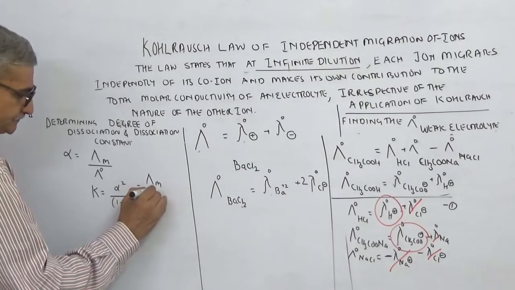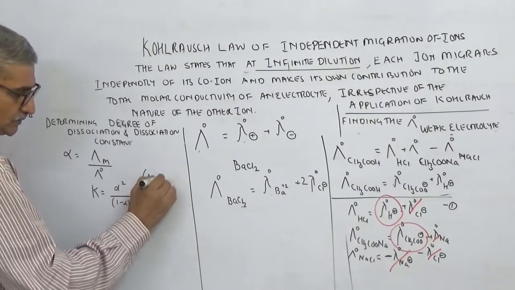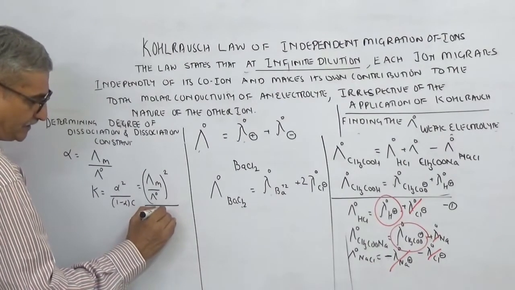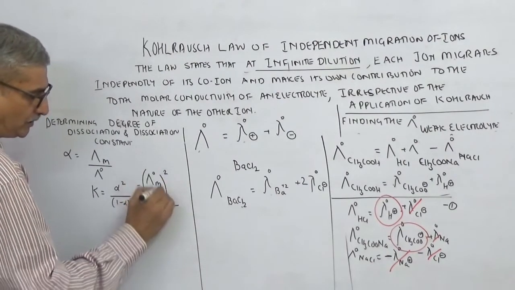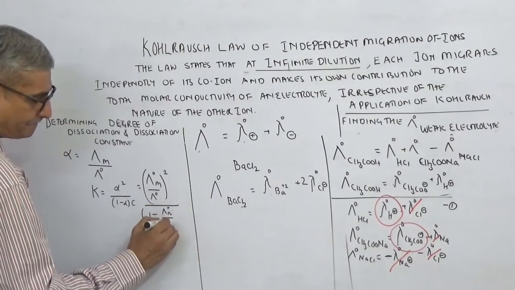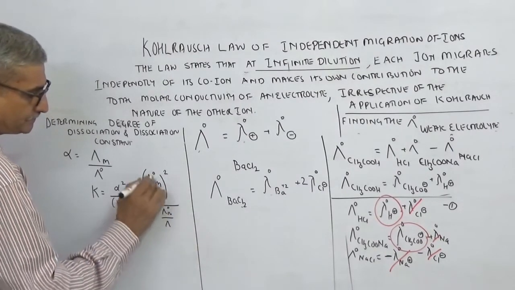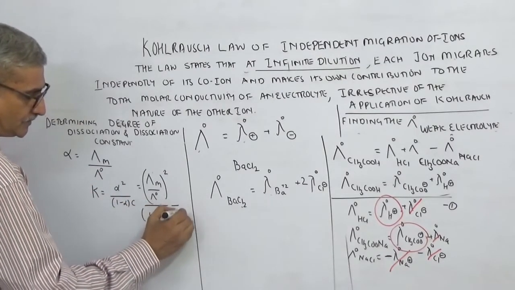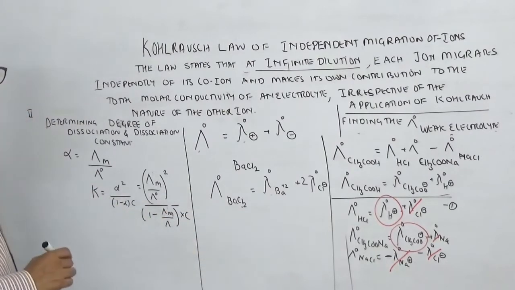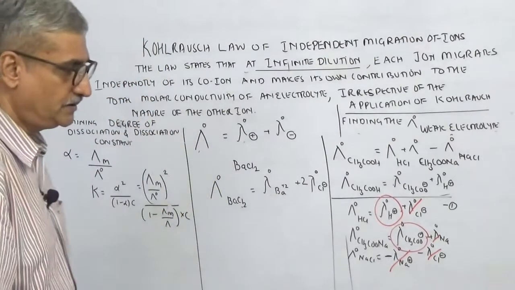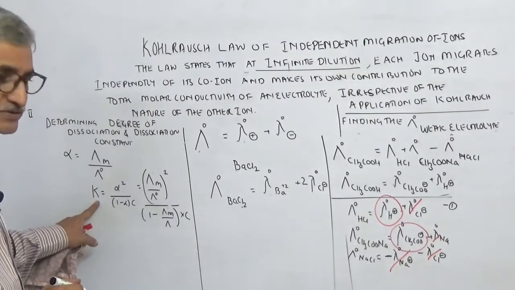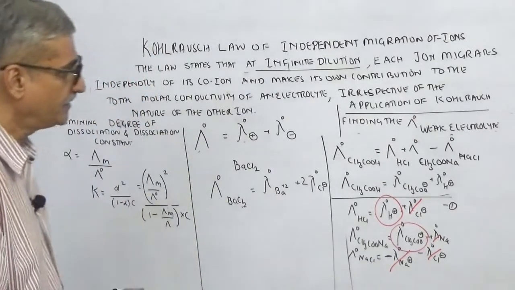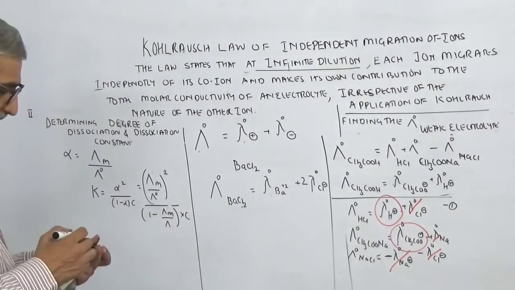This molar conductivity whole square upon 1 minus alpha, that is molar conductivity at infinite dilution, into C. So this will give you the dissociation constant. For a weak acid, the dissociation constant is Ka. For a weak base, the dissociation constant is Kb. So this was the second application.